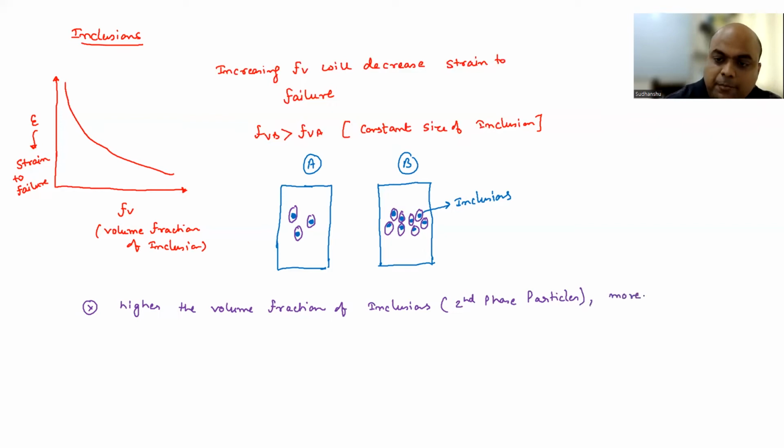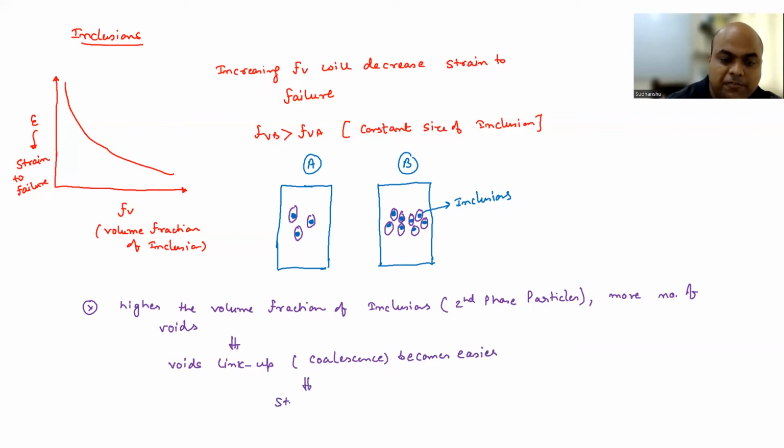You're going to have more number of voids, okay? And then void link up, or say coalescence, becomes easier. And if this happens, strain to failure decreases.